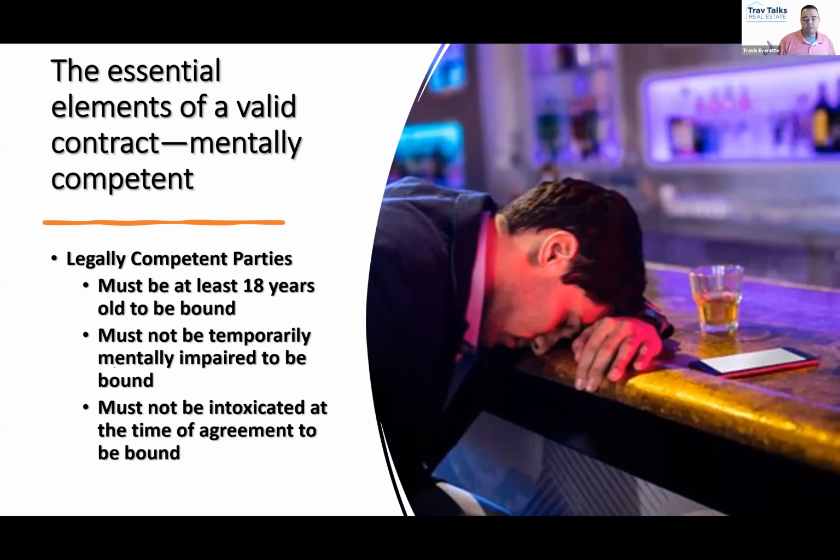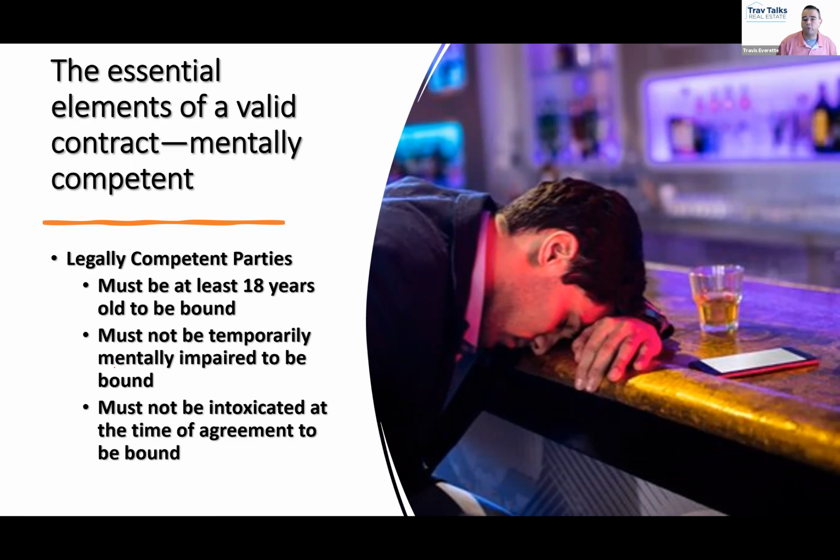We already mentioned this earlier, but it bears mentioning again. You cannot have a valid contract if one or both of the parties is not mentally competent and does not understand what they've agreed to. This would include minors under the age of 18, and people who are temporarily mentally impaired, like they are intoxicated.